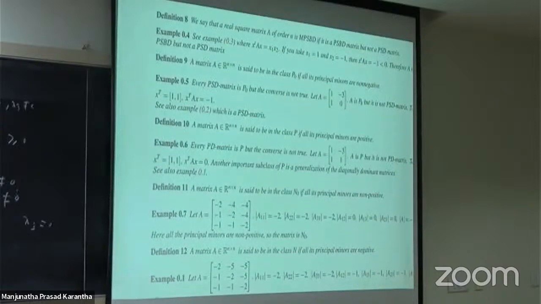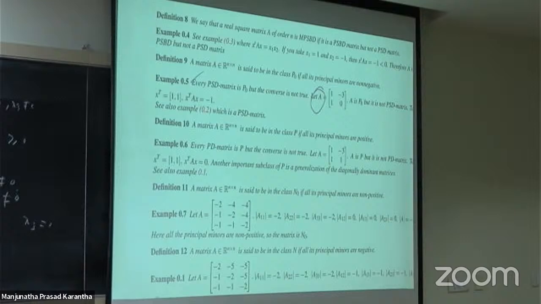Now let us take example number 5. Every PSD matrix is P naught, but the converse is not. So you can see here that for the matrix A, diagonal elements are greater than or equal to 0, and the determinant is also greater than or equal to 0.